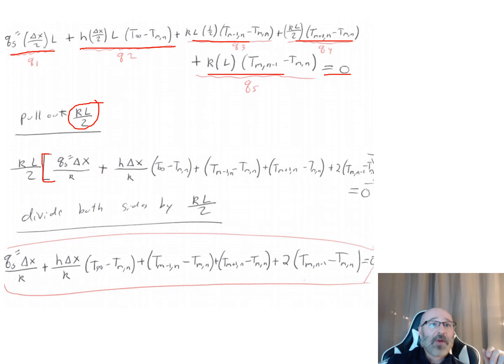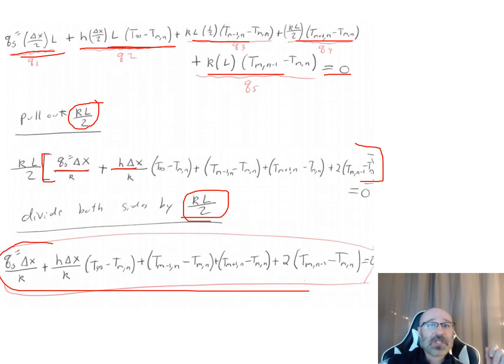This will end up putting a K on the bottom of the first two expressions that didn't have one, for Q1 and Q2, and this is all equal to 0. I can divide both sides by that K times L over 2 to eliminate it, and I end up with this simplified expression down here for my energy balance, which is the answer for this problem that they'd asked us to solve for.